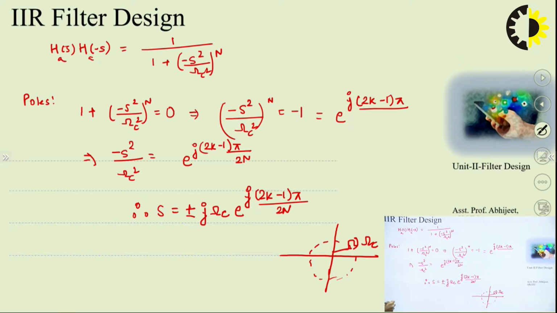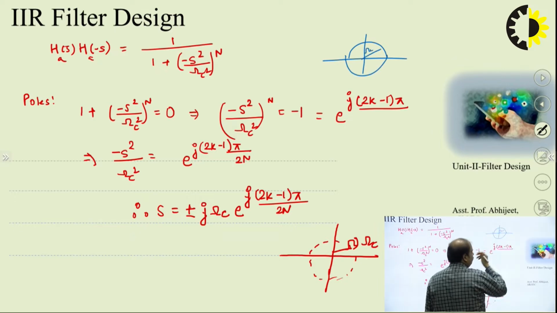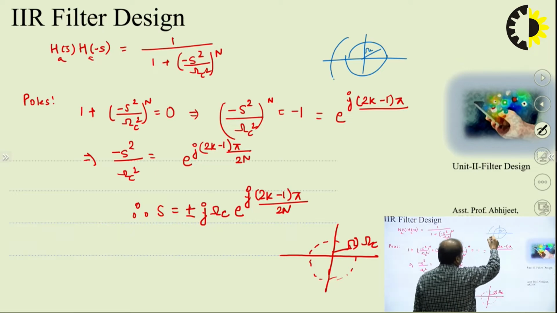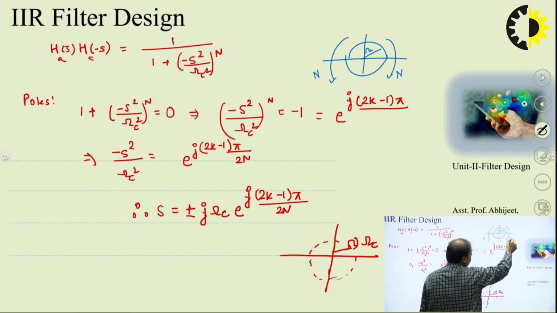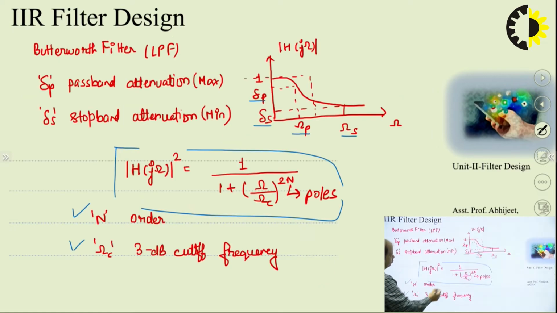If we see the construction, the poles actually lie on a circle having a radius omega c, and there are 2n poles. So 2n poles means some set of poles are here and the remaining n are here. So in total, the multiplication of H(S) and H(minus S) should be according to the frequency relationships.